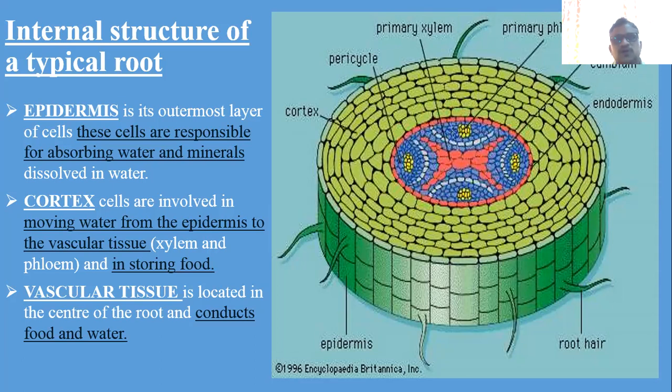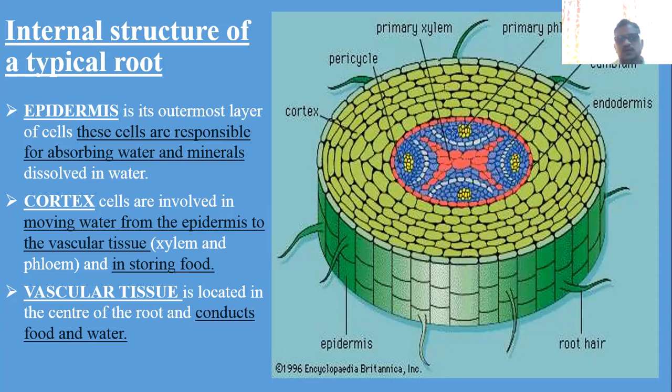Means what? This osmotic pressure of the soil is higher as compared to the epidermis. That's why it always moves from higher concentration to lower concentration, and that's why this water from the soil enters into the epidermis. This is the reason behind this non-osmotic active absorption.